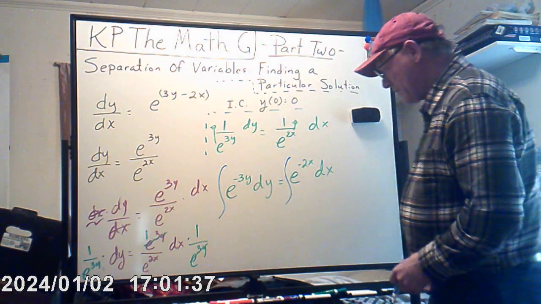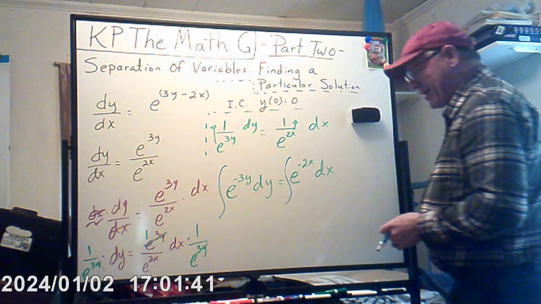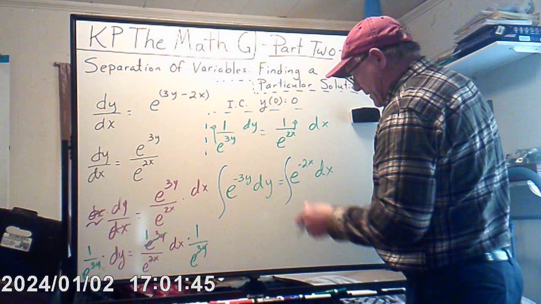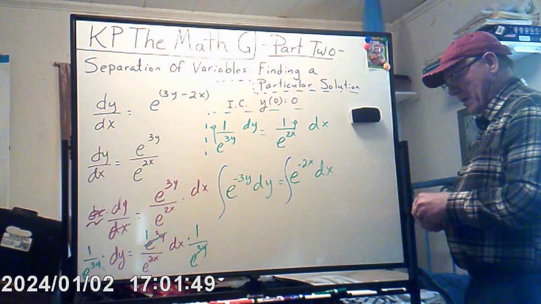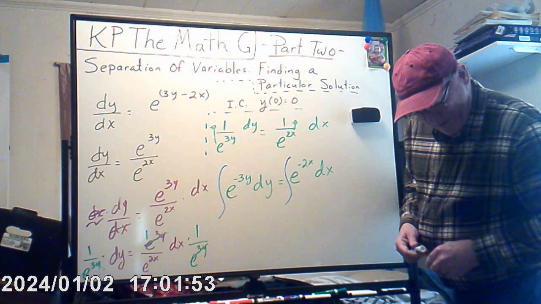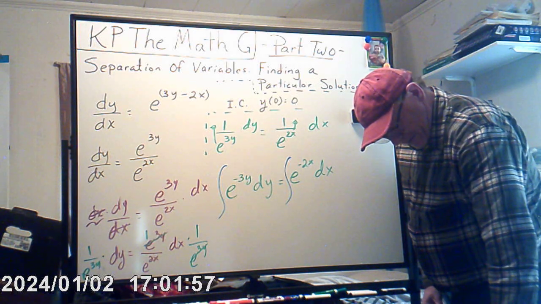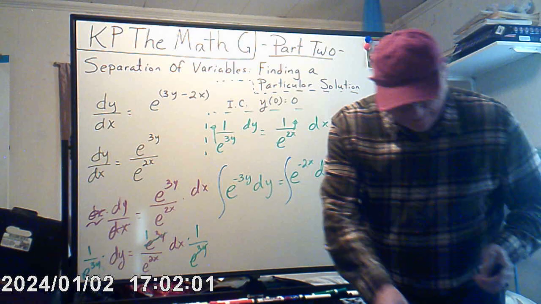Now here I've got a y and here I've got an x, so we got to be very careful with this. Matter of fact, let's write this down and turn the board over, because we're going to need a little room here. I want to write the problems down, and I want to turn this board over.